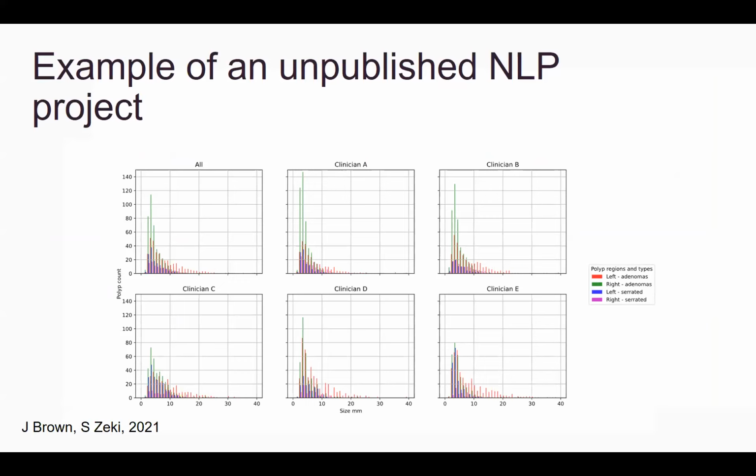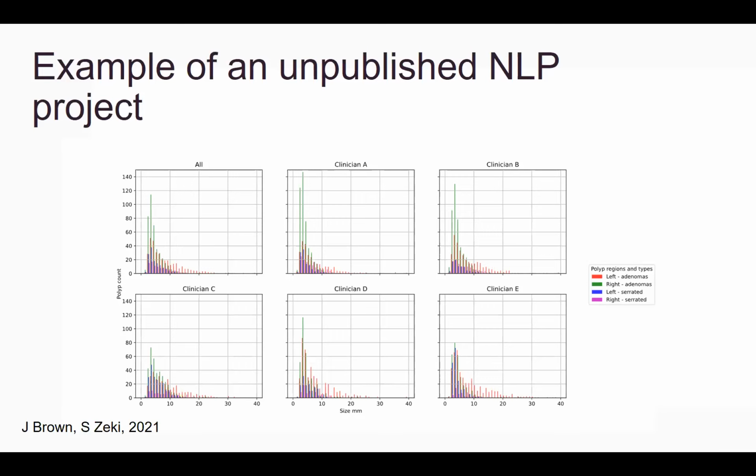By analysing 5 different clinicians, where clinicians A, B, C, and D were performing better in terms of polyp numbers compared to clinician E, they were able to have the NLP demonstrate that clinician E was not seeing as many right-sided, small-size adenomas as clinicians A, B, C, and D. You can see the big green lines on the left represent right-sided colon adenomas of under 1 centimetre, because the x-axis is the size of polyp in millimetres.